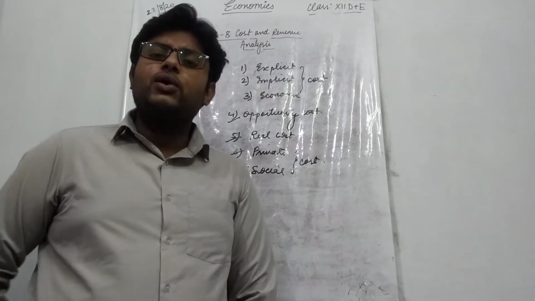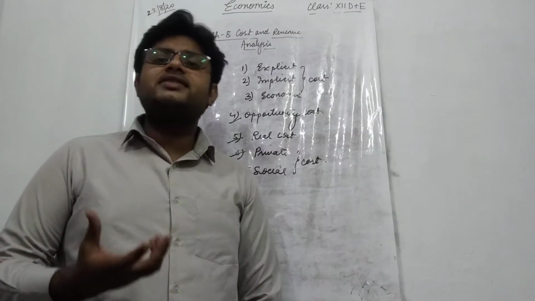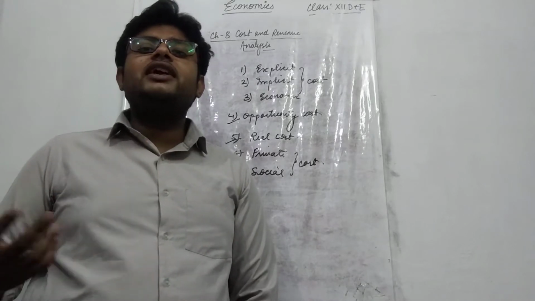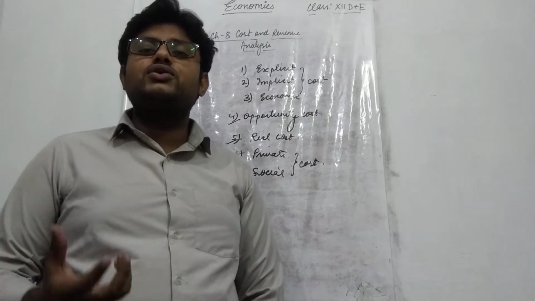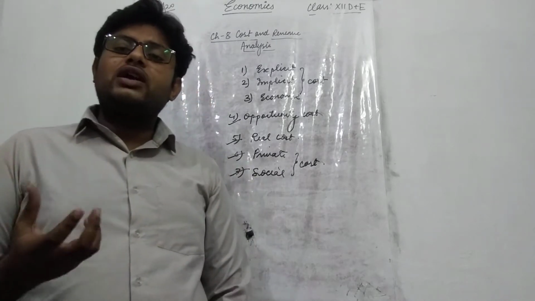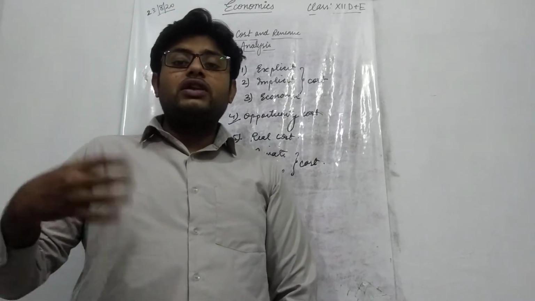All right, you all know that resources are limited in nature. Okay, they are scarce in nature, and those resources have alternate uses. That means those scarce resources can be put to various uses. It is not so that a particular resource can only be put for producing a particular product only.